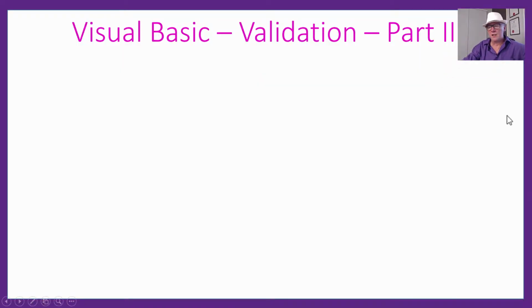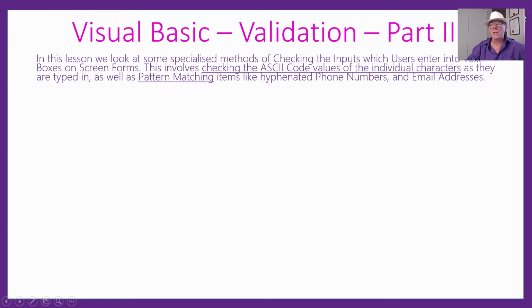Okay, so as we said, this lesson is validation part 2. What we're doing in this one is looking at some specialized methods. We're going to be checking ASCII code values of individual characters that people type in, to see, if it's a number field, whether they're actually typing numbers in and not letters or commas or other things or spaces.